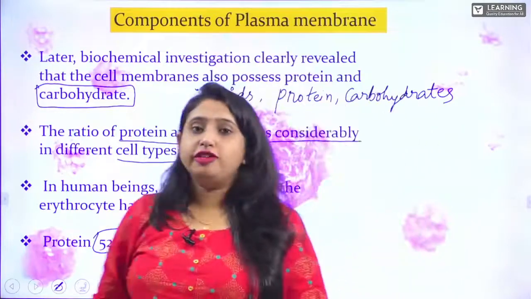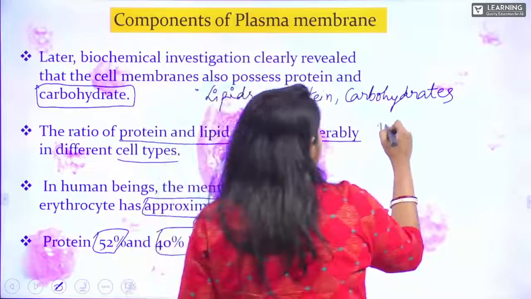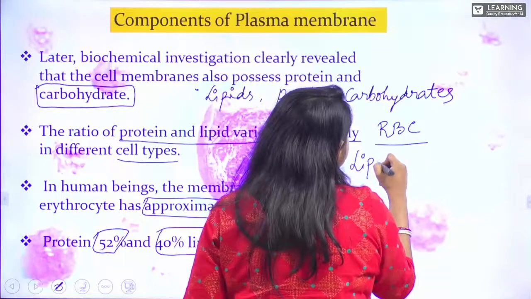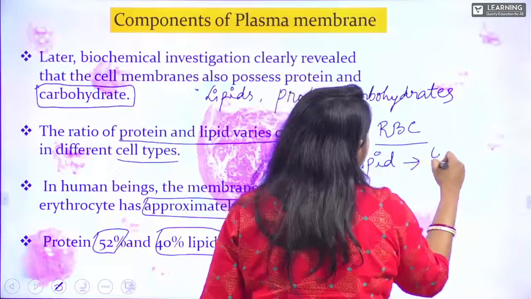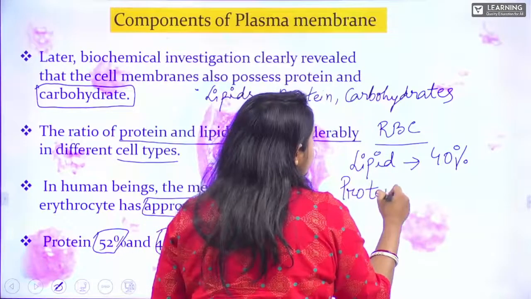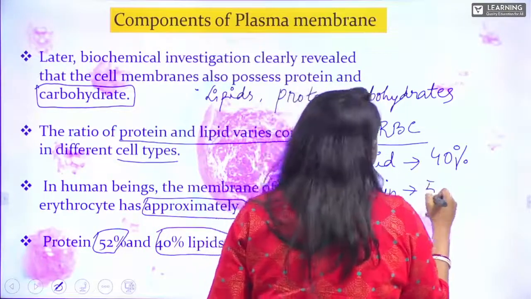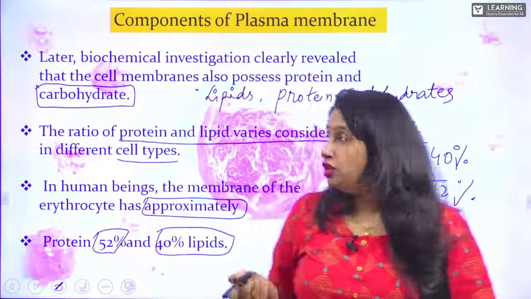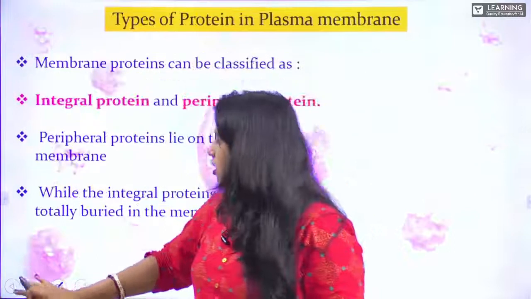When the RBC cells were examined, the percentage of the lipid was 40%, whereas the percentage of the protein was found as 52%, right? So this is all about it.